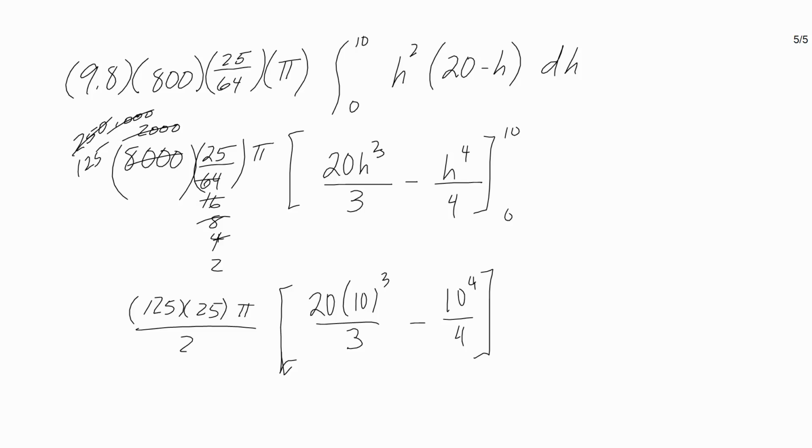And this is not going to be too pretty. 3 times 25 is 75. So that's going to be 1,000.